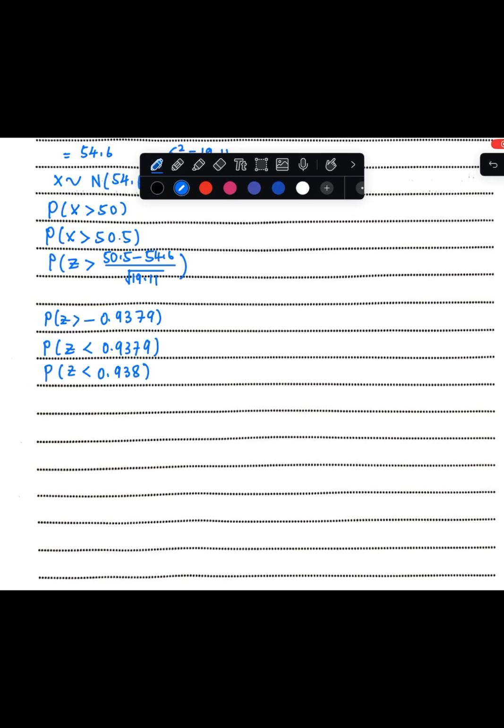Where's the table? 0.9893823 times 0.0020.